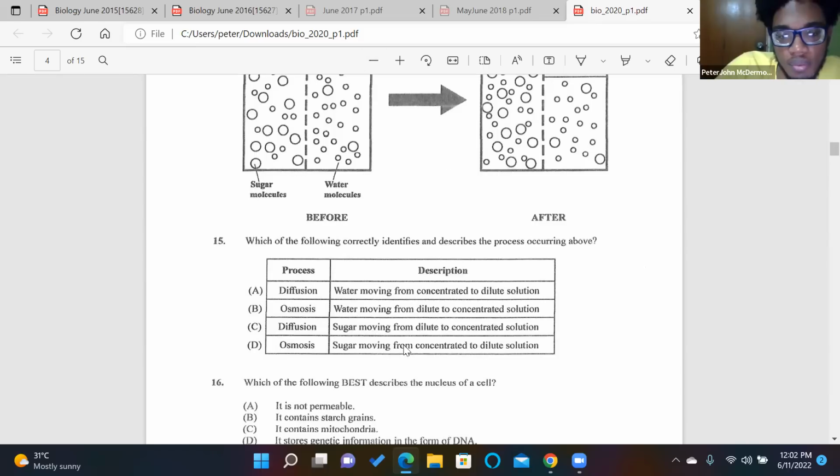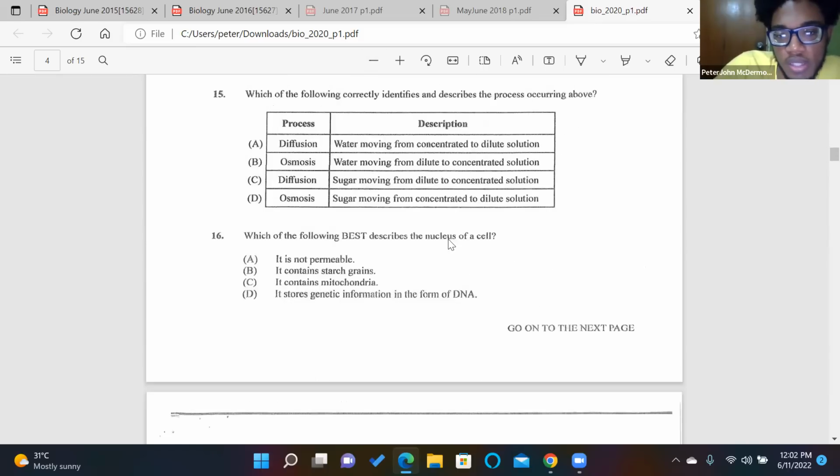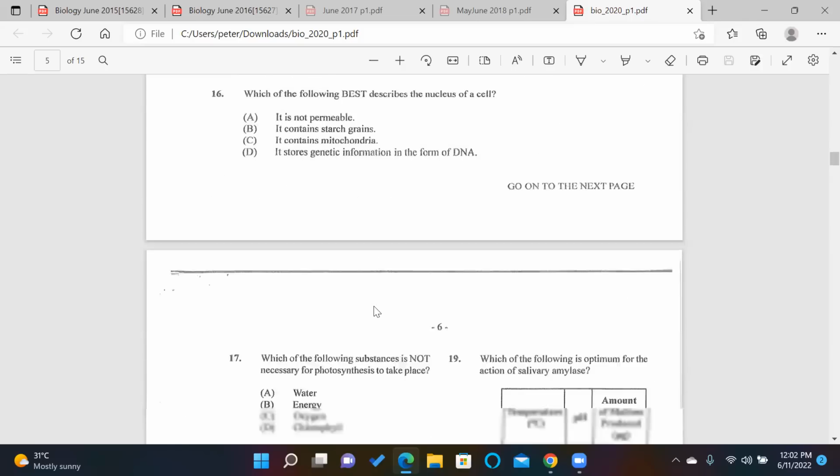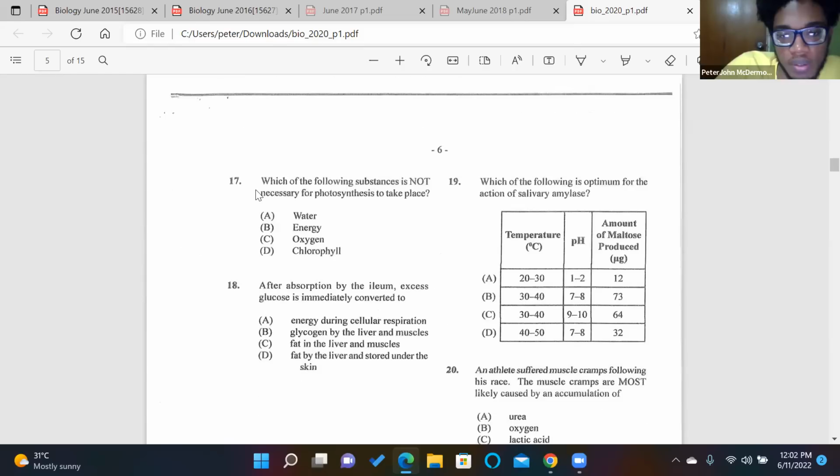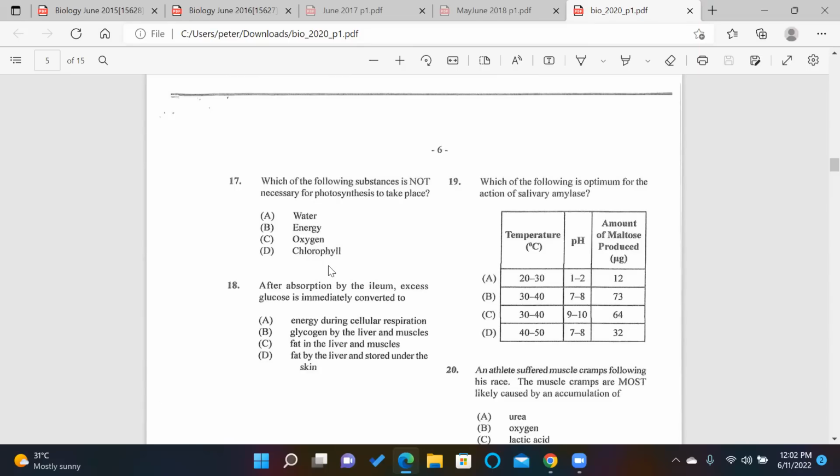B. Which of the following best describes the nucleus of the cell? D. Let's move a bit quicker. Which of the following substances is not necessary for photosynthesis? C.